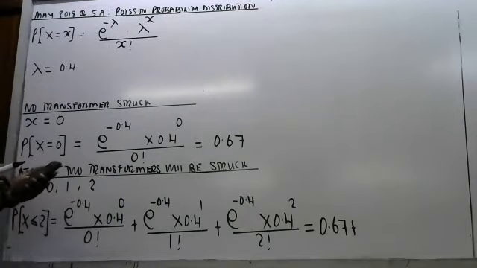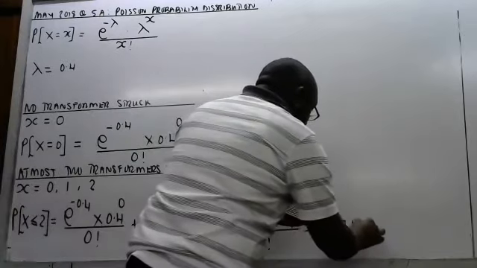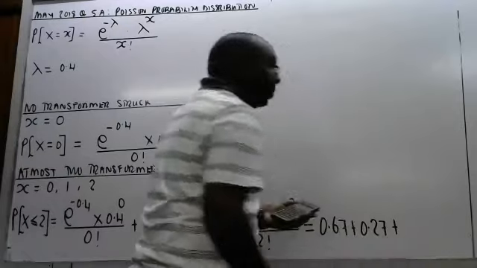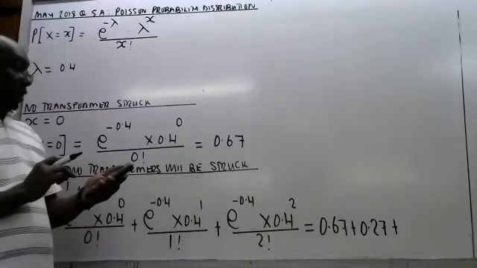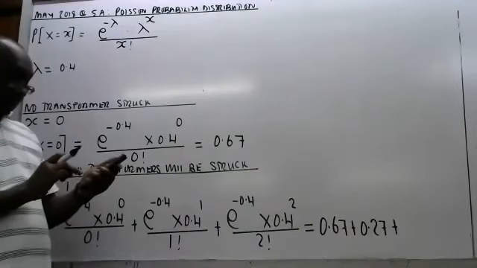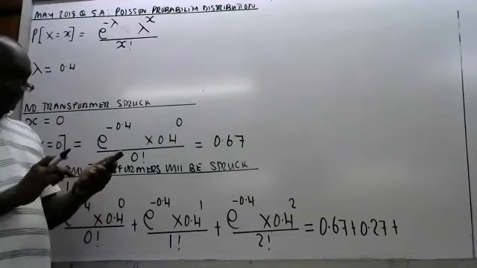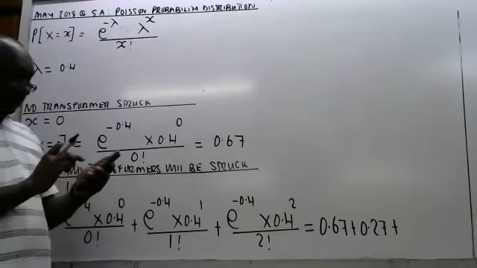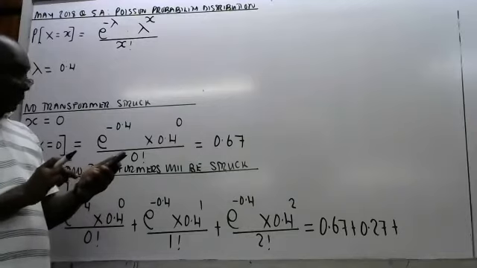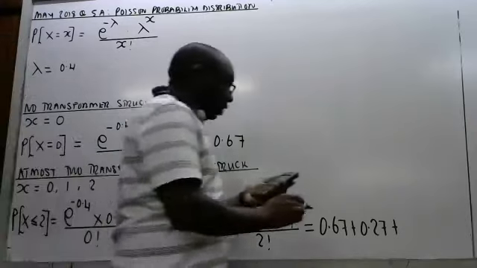Shift e, minus 0.4 equals times 0.4 divided by 1, to 2 decimals I have 0.27, plus 0.05.